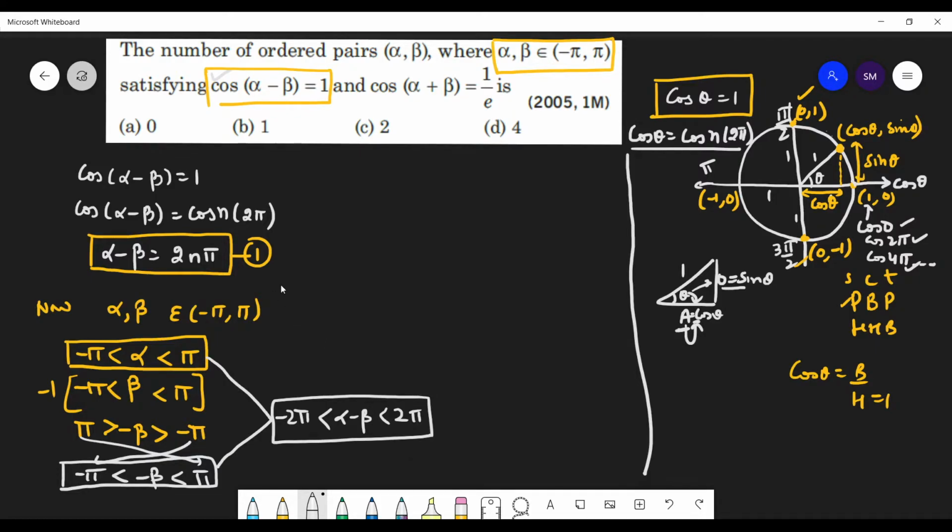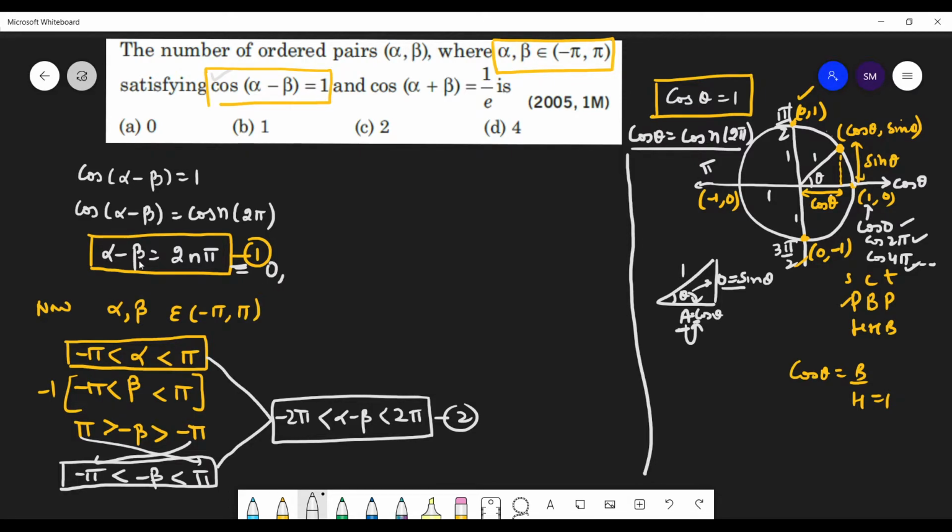So now, students, I told you, these two means this is an inequality and this is an equation. So what will you get as the value of alpha minus beta? See, alpha minus beta will only, so n is equal to 1. I put n equal to 0, start from 0.